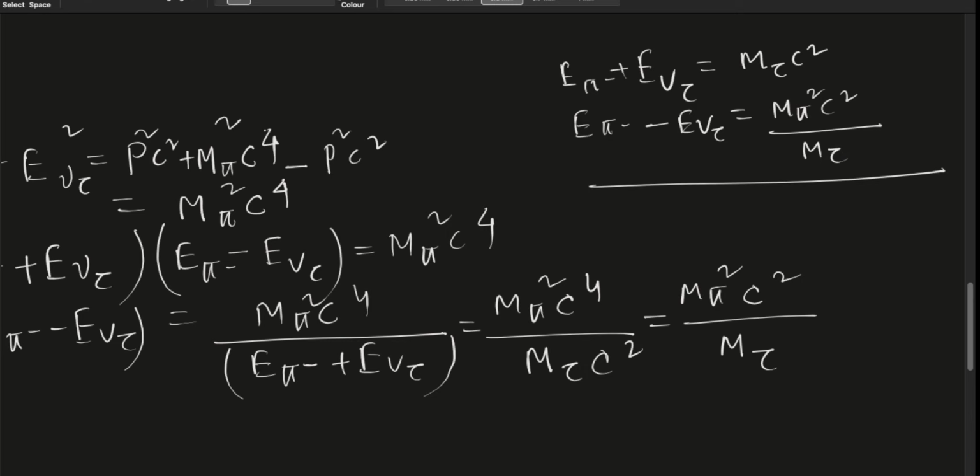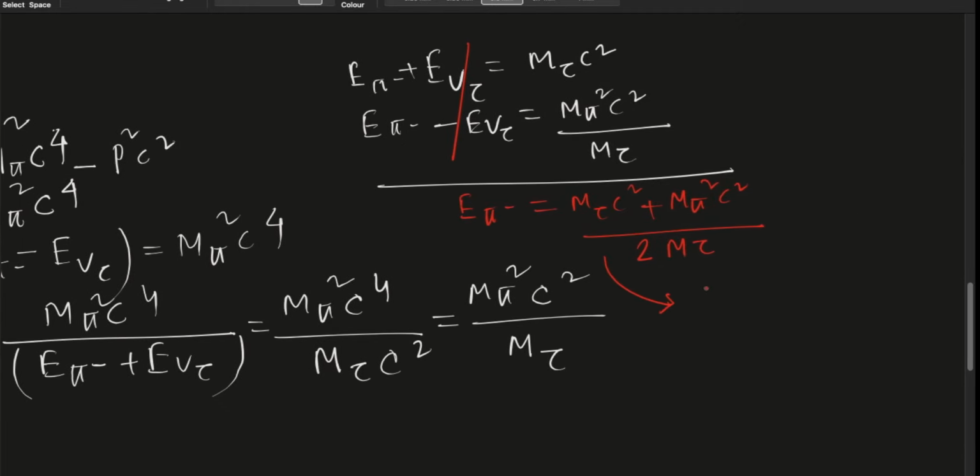If I add these two, E pi minus is equal to m tau c square plus m pi square c square by m tau, divided by 2. If I take out common c square, m tau plus m pi square divided by 2 m tau.